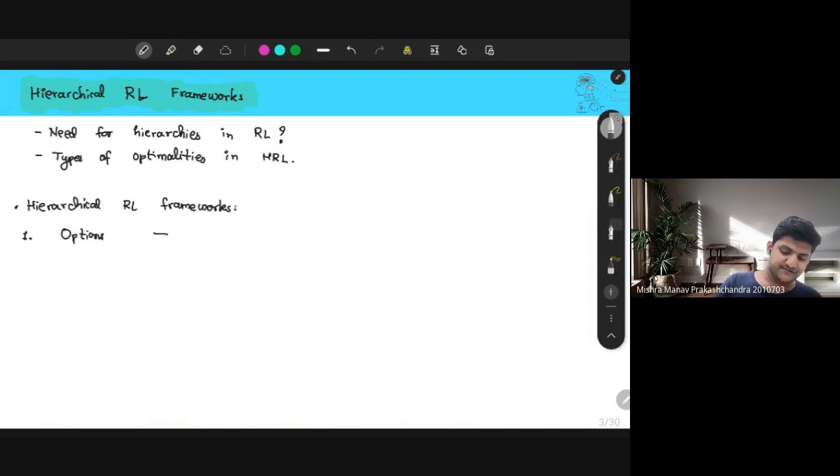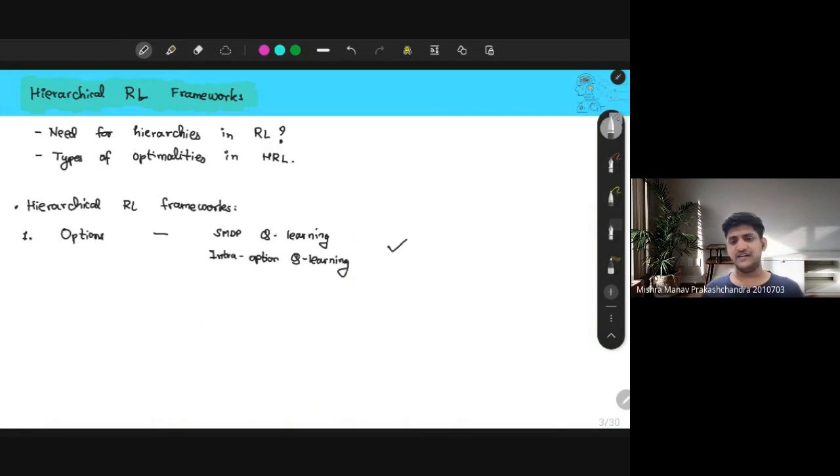And in the options framework, we looked at two kinds of Q learning methods. One was the SMDP Q learning, and the other was the intra-option Q learning. Okay, the options framework was covered completely in the last class.